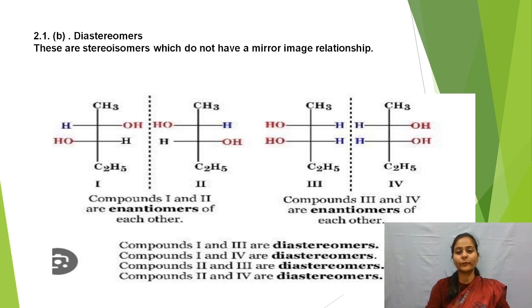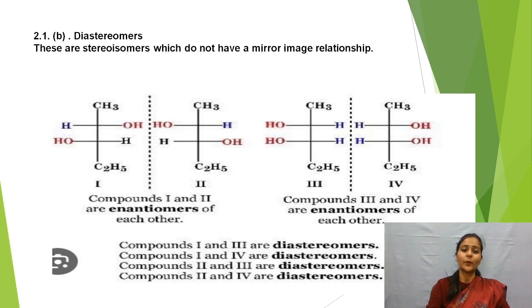Similarly, compound third and compound fourth are also non-superimposable mirror images of each other. First and second are enantiomers of each other. Third and fourth are enantiomers of each other.